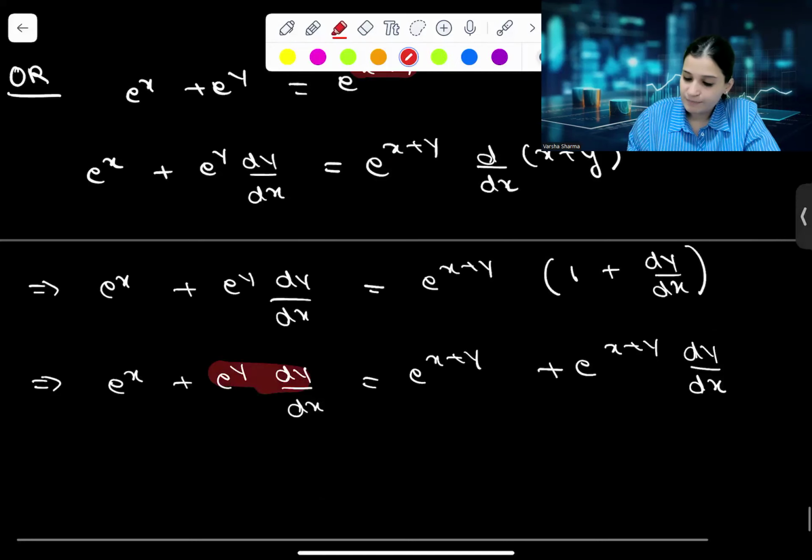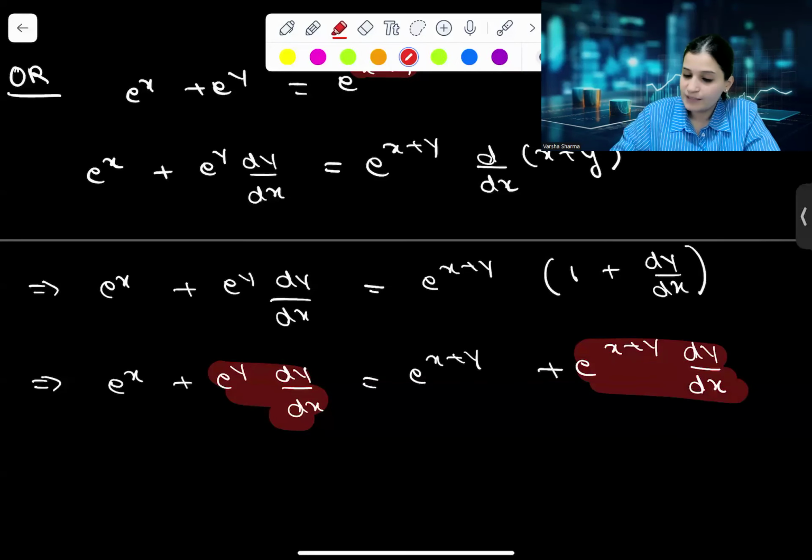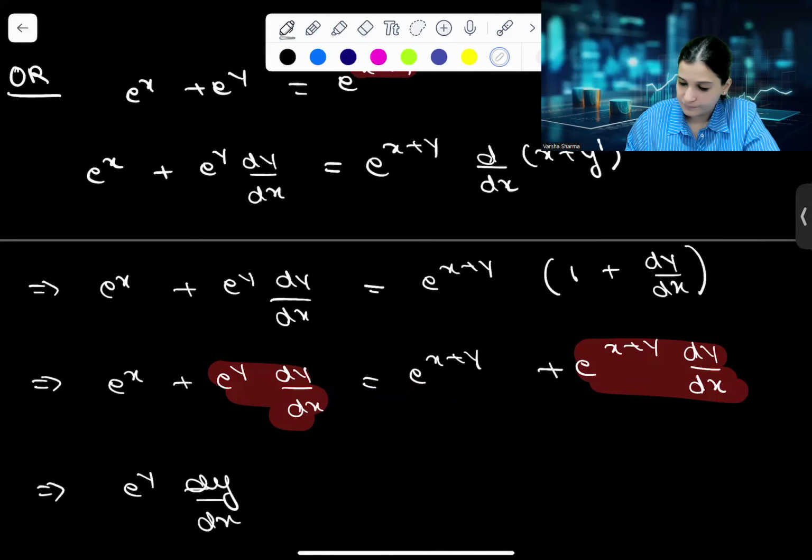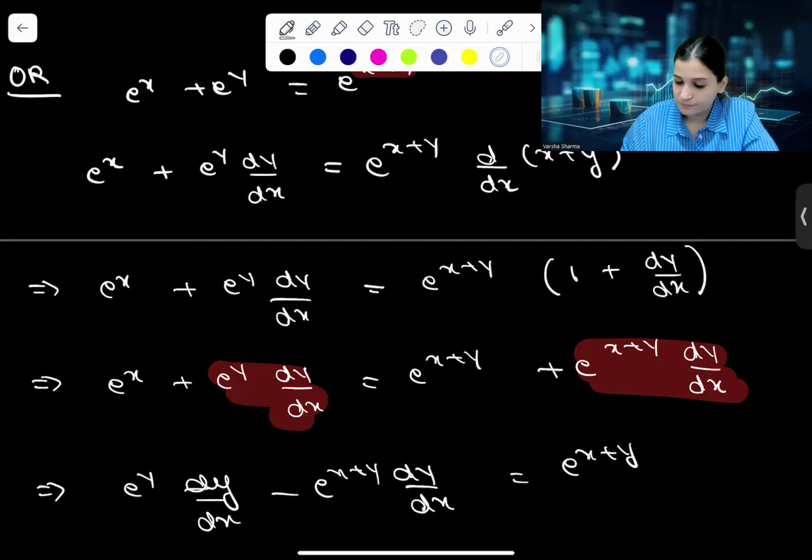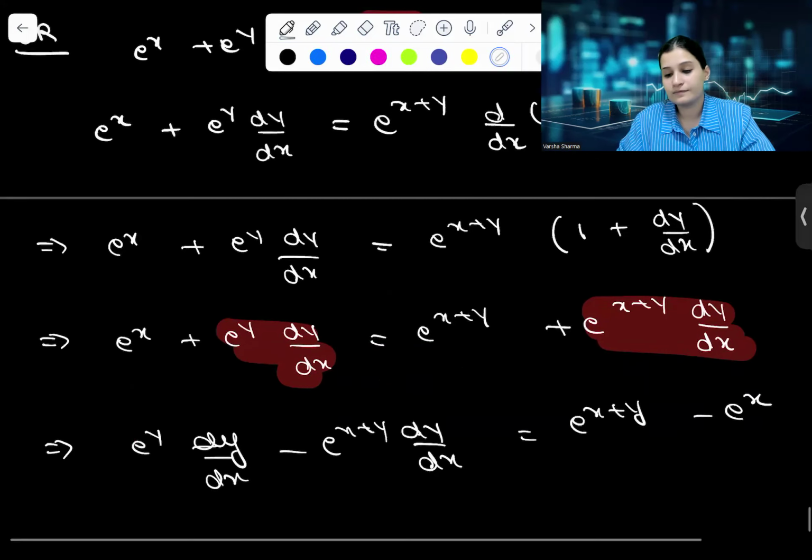So terms with the same dy by dx on one side and terms without it on the other side. Yes, ma'am.